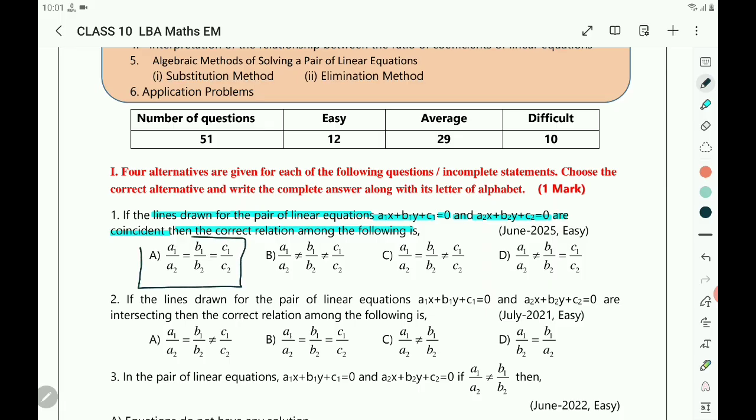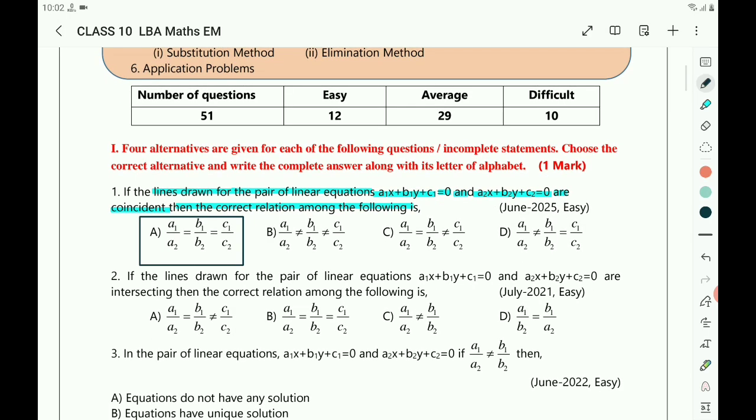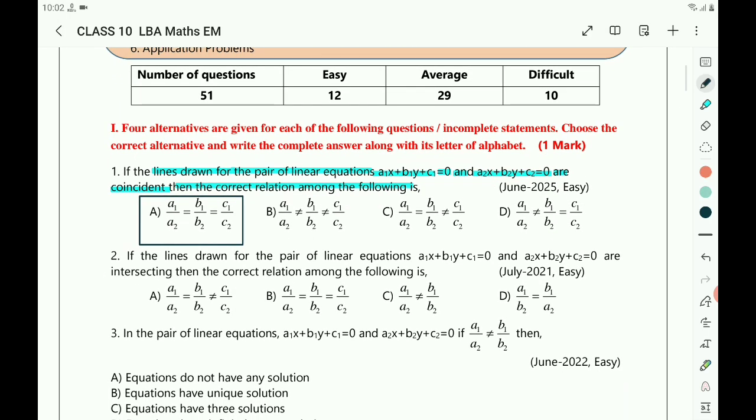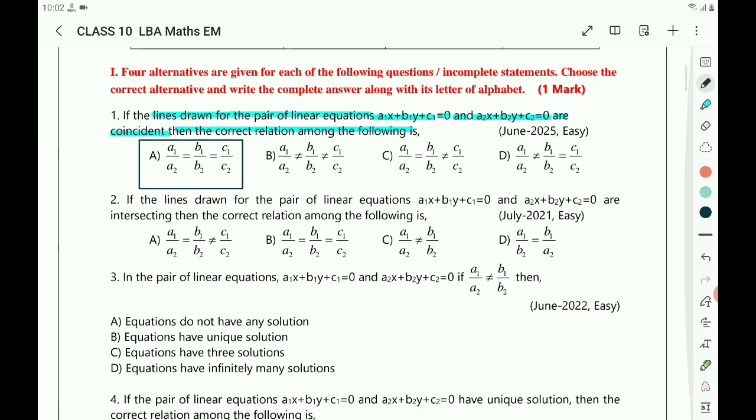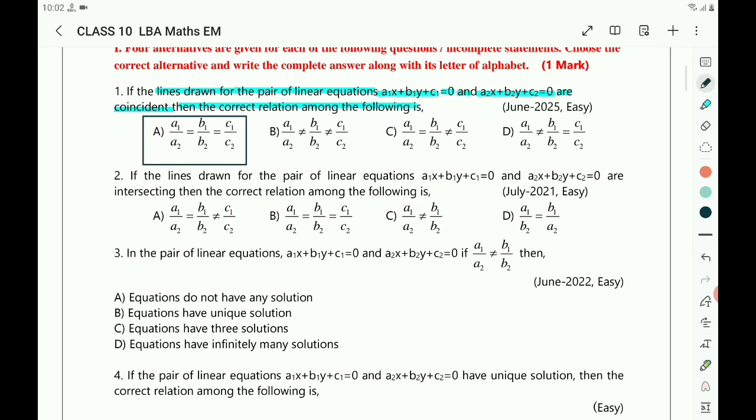The relation is a1/a2 = b1/b2 = c1/c2. If the lines of a pair of linear equations are coincident, they have infinitely many solutions, and the coefficient relation is a1/a2 = b1/b2 = c1/c2.